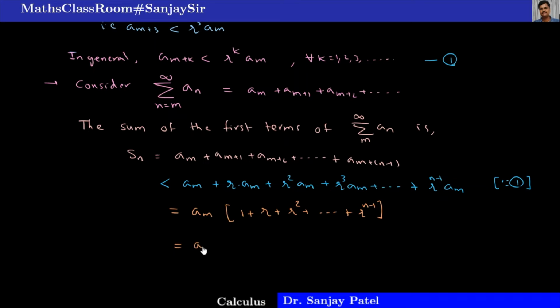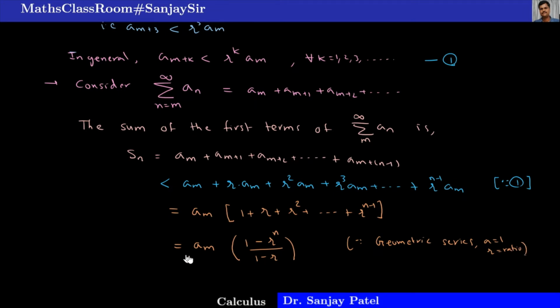So the sum of this series is given by a into 1 minus r raised to the number of terms, that is n, upon 1 minus r, because it's a geometric series, with a equal to 1 and the common ratio r.